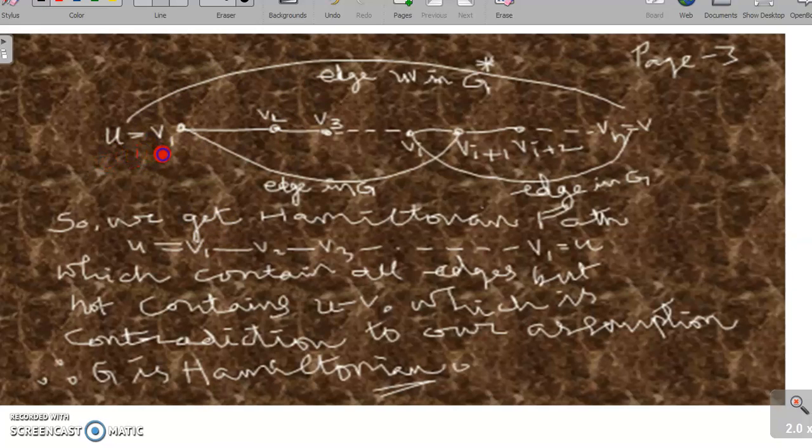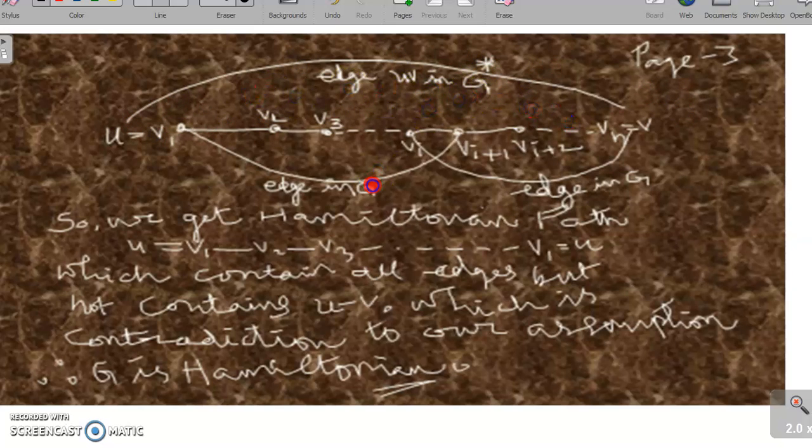U is equal to V1, V2, V3 dot dot dot Vi, then Vi plus 1, Vi plus 2 dot dot dot Vn and V. This is an edge in G, this is also an edge in G, and U is connected to V in G star, where G star equals G plus UV. Those edges we have. Am I correct?